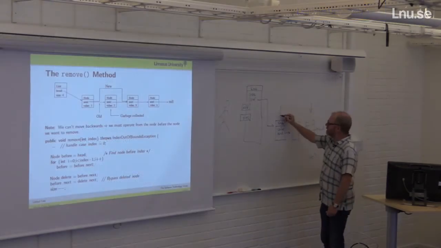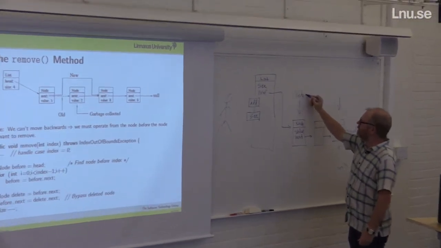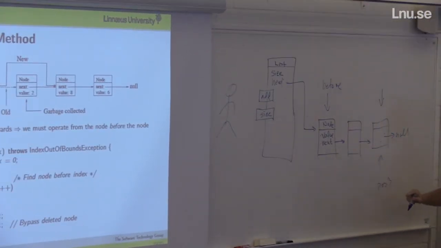I locate this one, the one before, and then I'm saying that the one to be deleted is before next. So this one is the one to be deleted, and then I'm saying that the new node that should follow before is the deleted next. So I'm saying that the new next value here should be the next one for the deleted. So in the second step, I basically drop this one.